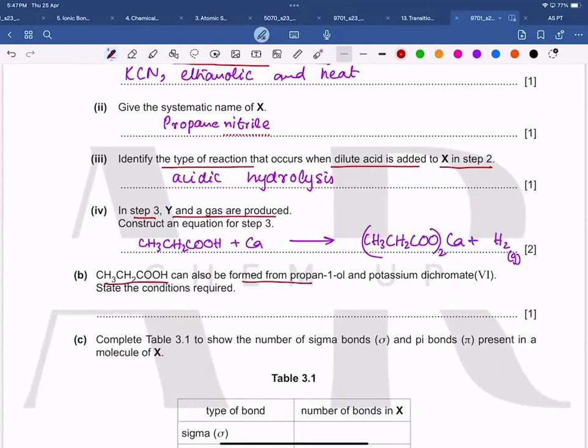Propanoic acid can also be formed from propan-1-ol and potassium dichromate. State the conditions. Yes. What are the conditions? Very good. Acidified, and also under alkaline. Very good. Heat under reflux, because with propan-1-ol, if we do heating followed by distillation, then it's propanal. Yes, Omar.